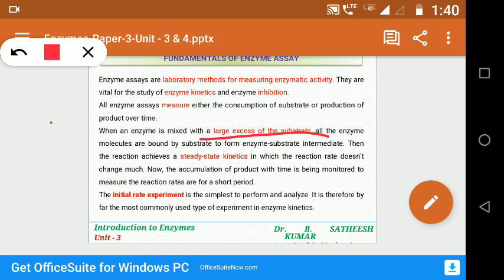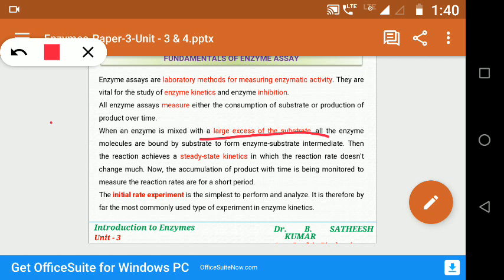So therefore, if the enzyme is more, then the activity will be more, and it converts more substrate to product. So based on the product formed, the concentration of the product which is formed after a particular time, we will find out the activity of the enzyme.